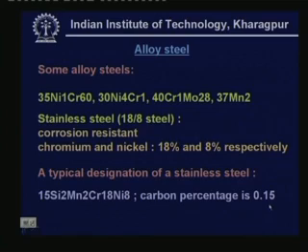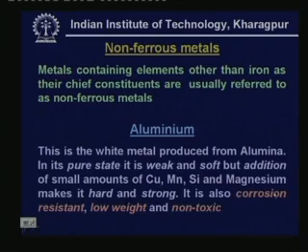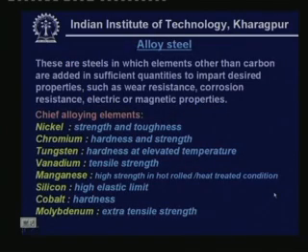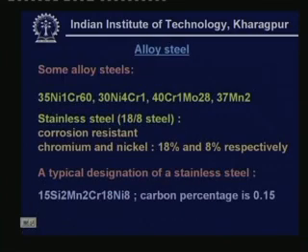Chromium and nickel percentages are actually 18 and 8. So, that means chromium 18% and nickel 8%. That gives rise to stainless steel. You have seen the properties of chromium and nickel in our earlier slide. So, chromium gives hardness and strength, nickel gives strength and toughness, and all these give the stainless steel.